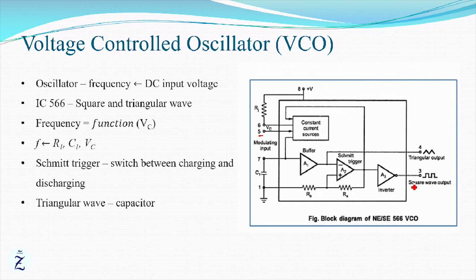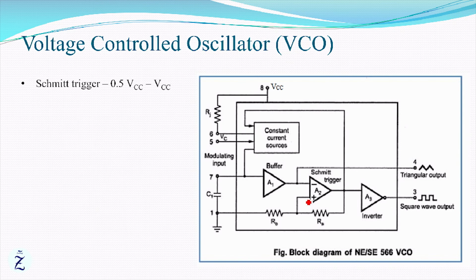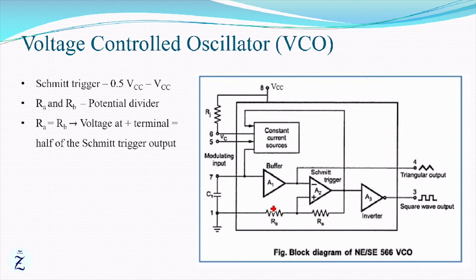through a buffer amplifier. The Schmitt trigger is designed in such a way that the output swings between VCC and 0.5 VCC. VCC is the supply voltage, as given here. Here RA and RB form a voltage divider network and RA is equal to RB.